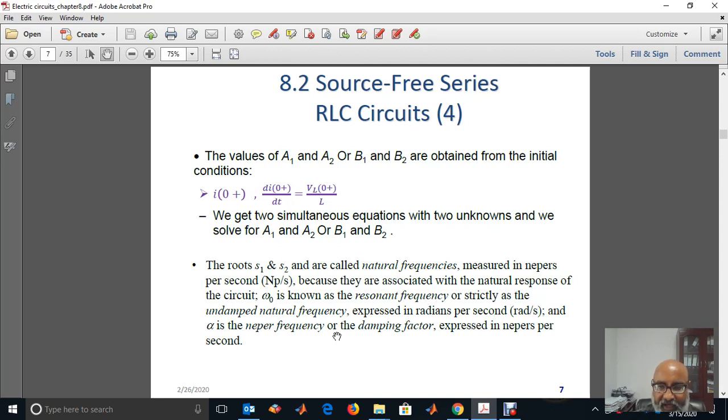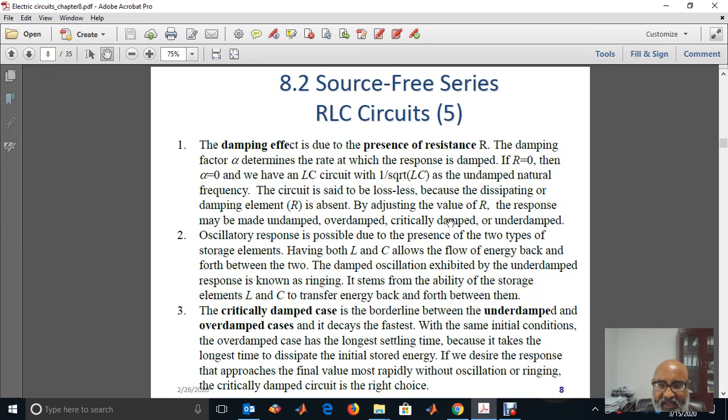Omega naught is called the resonant frequency or the undamped natural frequency, and alpha is called the damping factor. The damping factor depends on the resistance, so the presence of the resistance creates a damping effect. If R is equal to 0, then alpha is equal to 0, and we have an LC circuit with omega naught equal to 1 over the square root of LC.